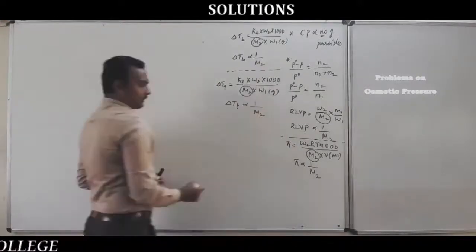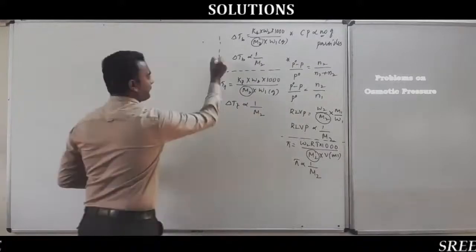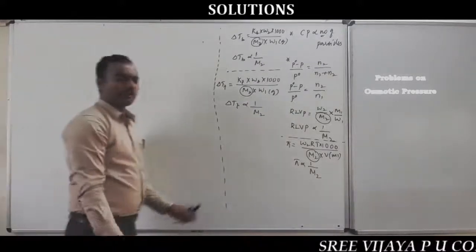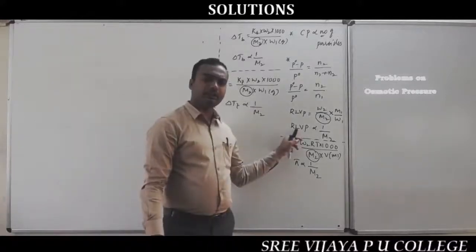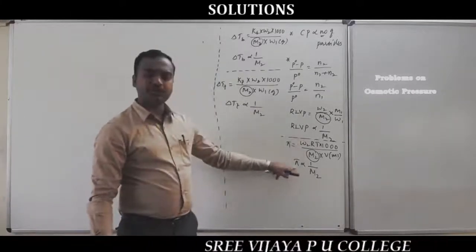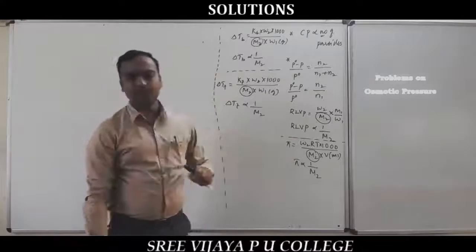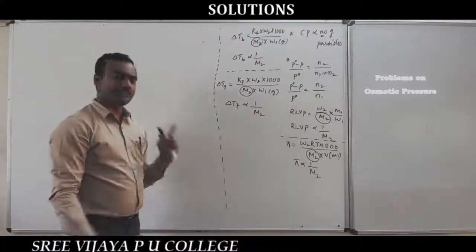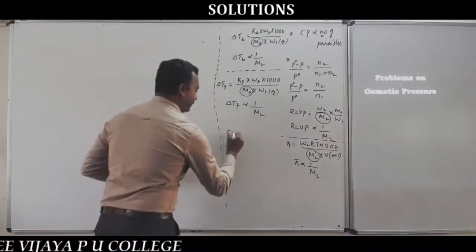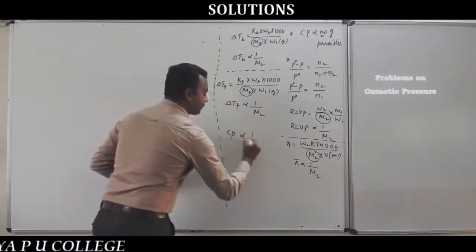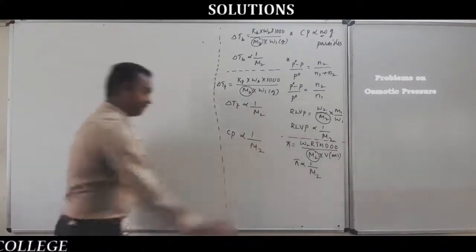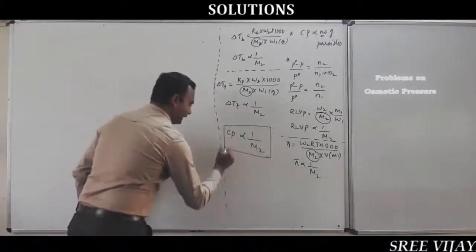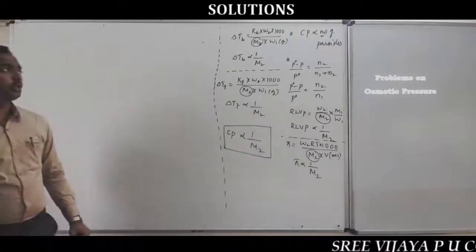So in all the cases you can observe, remember all the colligative properties, that is RLVP, osmotic pressure, delta Tb elevation of boiling point, and delta Tf depression of freezing point. All the colligative properties are inversely proportional to the molar mass of solute. That you have to recall.